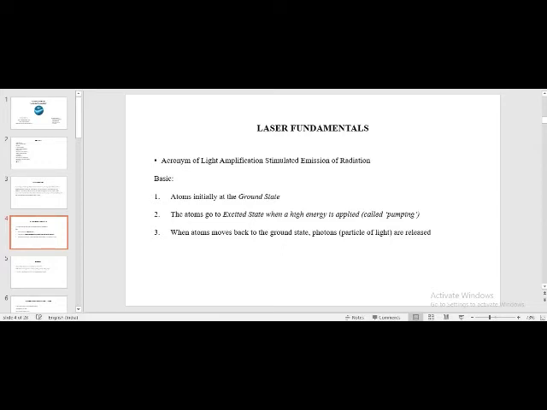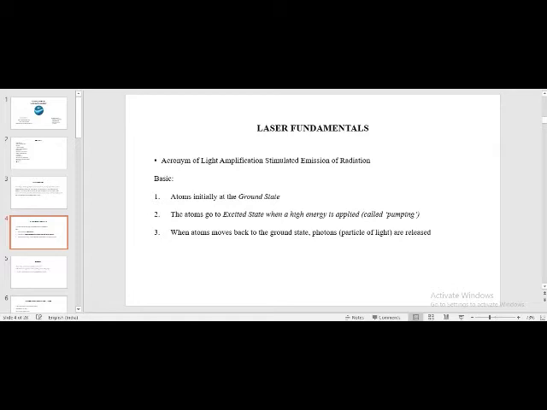Laser fundamentals. Laser is the acronym of light amplification by stimulated emission of radiation. This is the laser full form, and let's talk about the basics. Atoms are initially at the ground state.